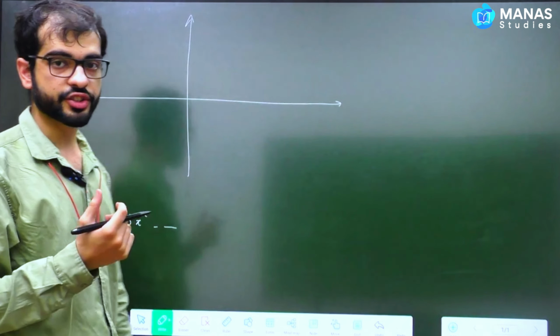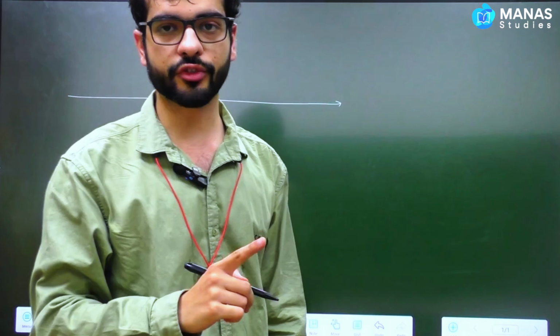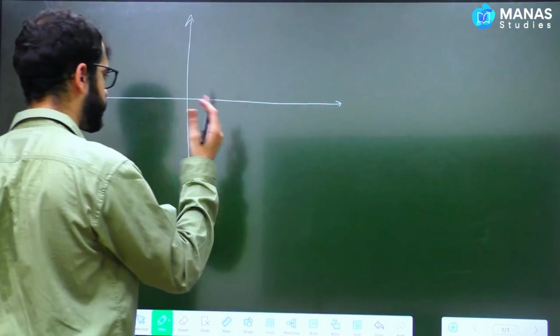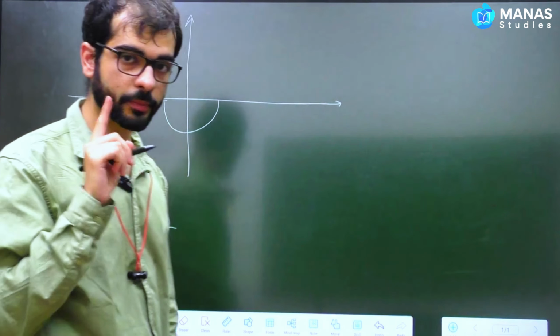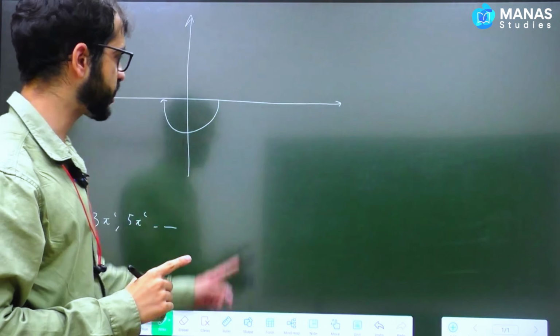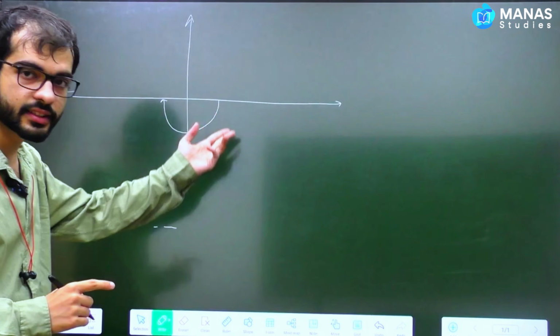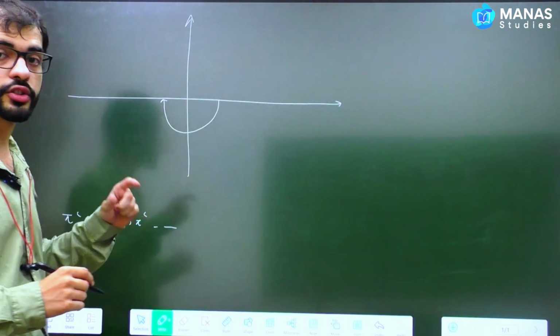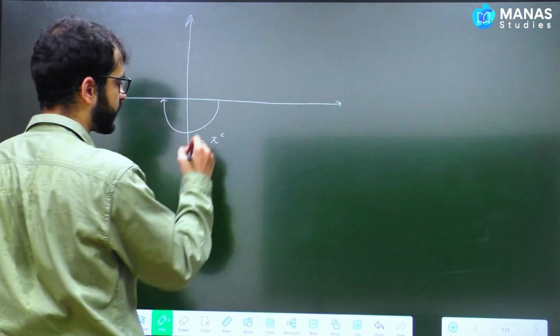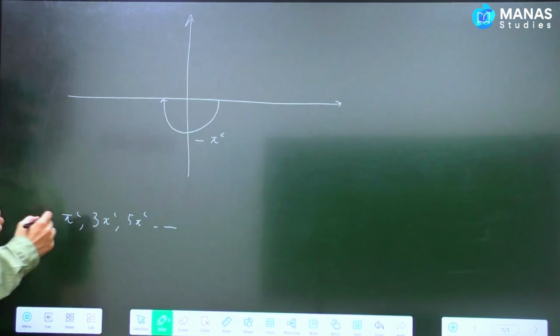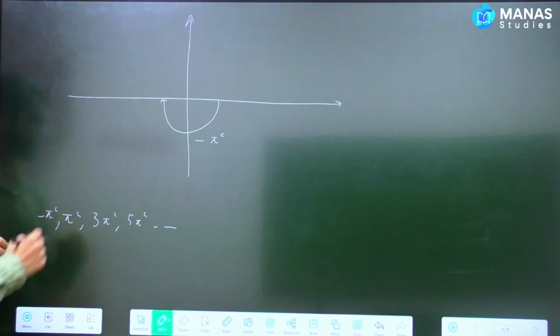But as the convention says, the angle is always measured from positive x-axis. So if I measure from positive x-axis, this is half of a circle, so the angle measure will be pi radians. But since it is being measured in clockwise direction, this is the direction in which the clock moves, so it's going to come with a negative sign. The angle is going to become minus pi radians. So I'm going to jot down that value. It can be minus pi radians as well.